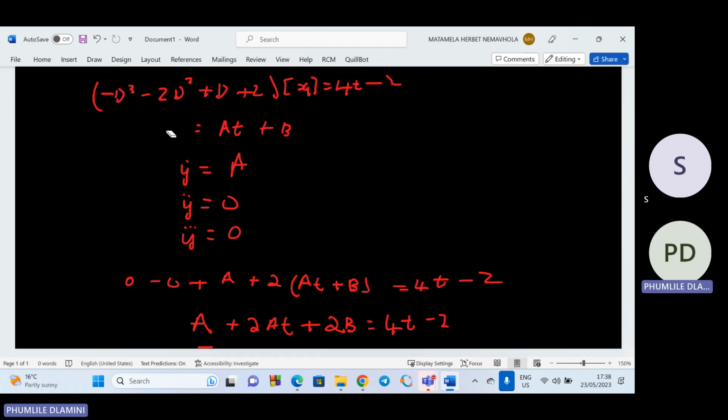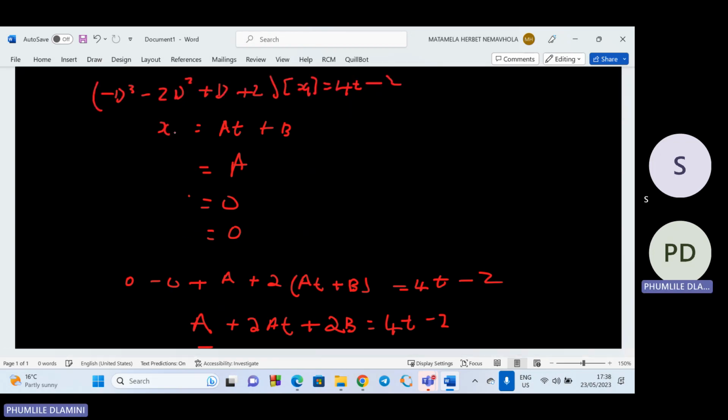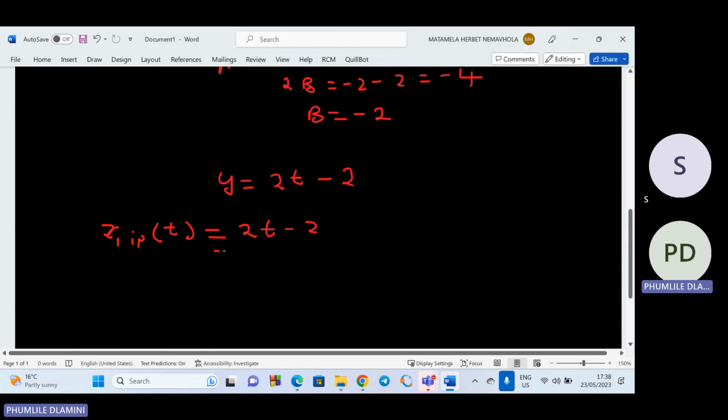Instead of using y, let me just change to x. We use x, you use x here. So the final answer there, even though I'm using a different method, if you check, is the same.